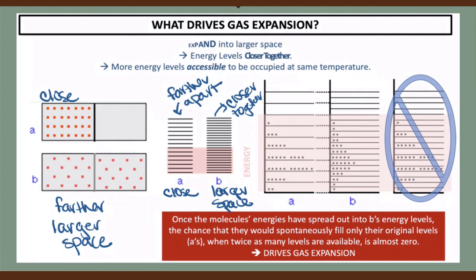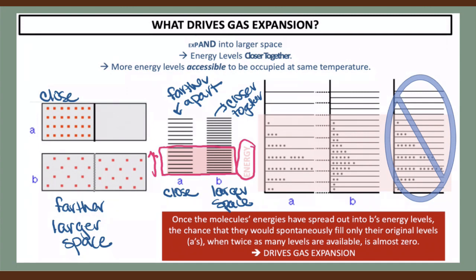Okay, but now we're going to say that this pink box represents the amount of energy that all the molecules have as a whole, the amount of energy that can be spread out between them. This much energy. And if there are more energy levels, more rungs on the ladder that are closer together, there are more possibilities for ways that they can be arranged.